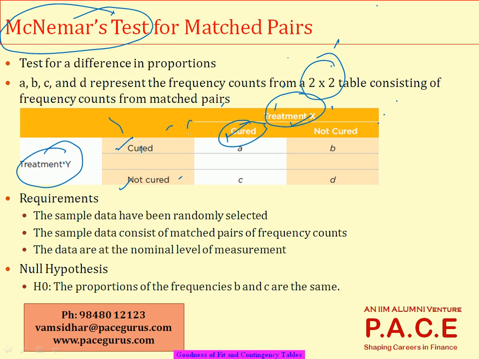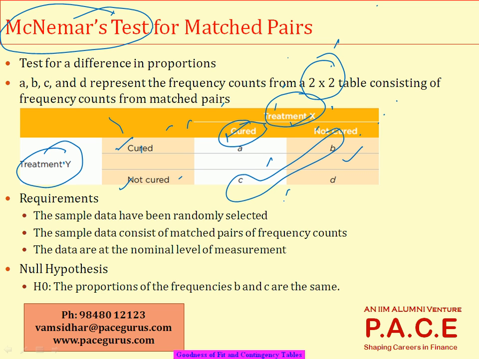Two different treatments have been applied on a person, and I am more interested in checking this kind of proportions. Generally, it is used for checking this kind of proportions. The proportion where one has been successful whereas the other did not, right?